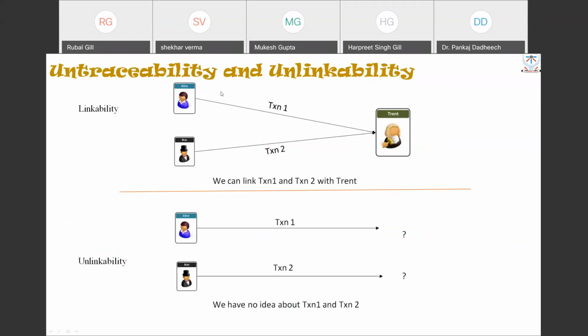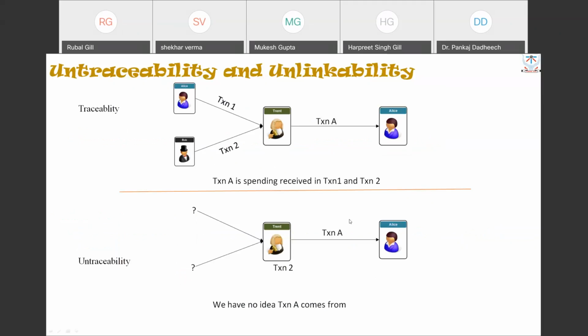I don't want, for example, Alice and Bob, who send to Trent, for me to know who is sending to whom, because I am creating the block here. But if the sender of transaction 1 and the sender of transaction 2 are not known to the general public, then it's a case of unlinkability. Similarly, if Alice sends to Bob and Bob sends to Trent and Trent sends to Alice, nobody will know, if Trent does not tell you.